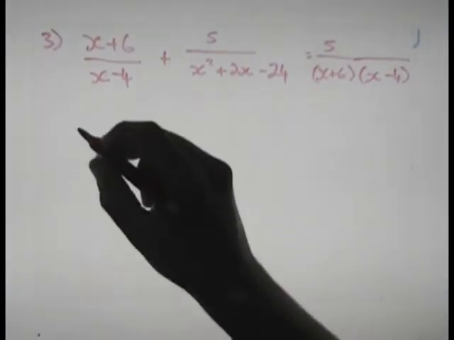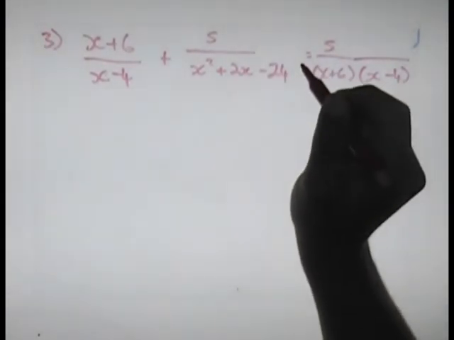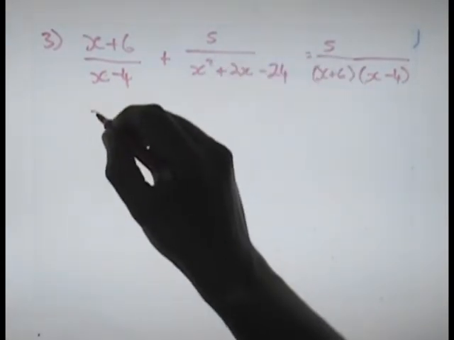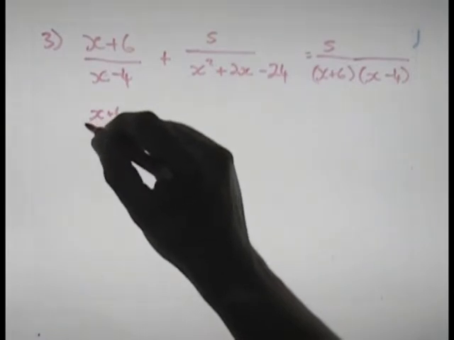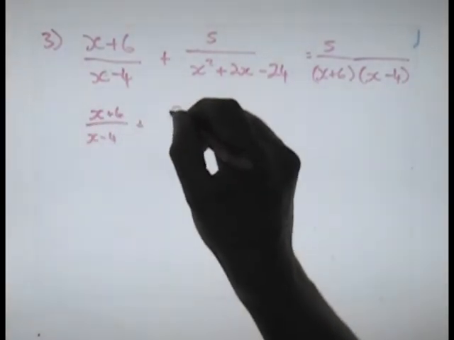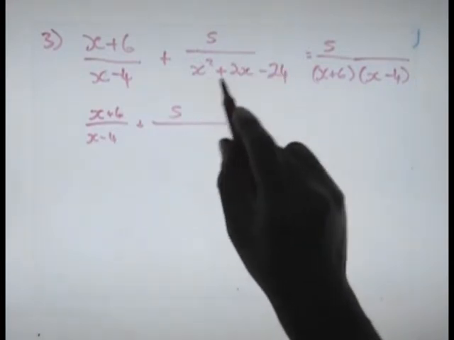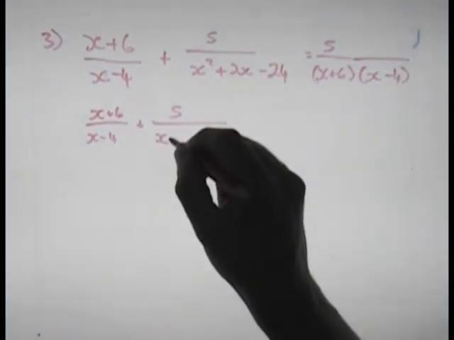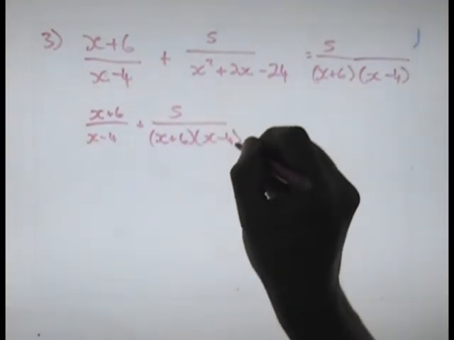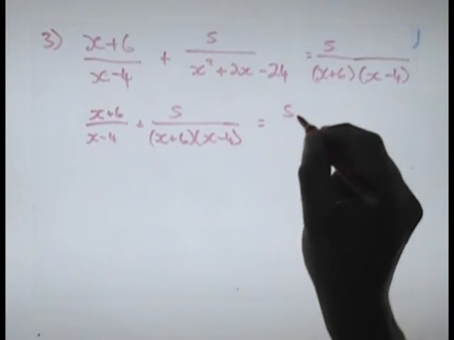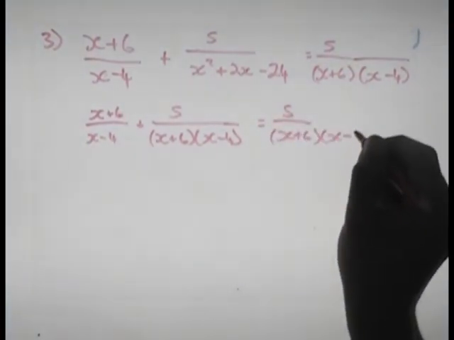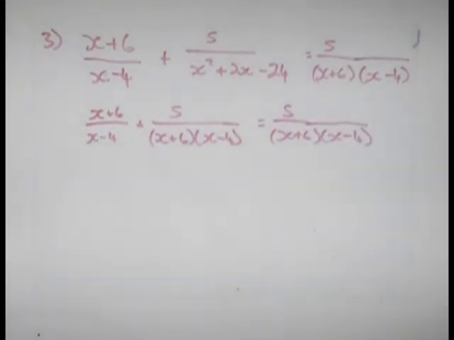I'm going to start by finding my common denominator. Before I do that though, I'm going to leave this as (x plus 6) over (x minus 4) plus 5 over... Factorize this. That's going to become (x plus 6) multiplied by (x minus 4) is equal to 5 over (x plus 6) multiplied by (x minus 4).